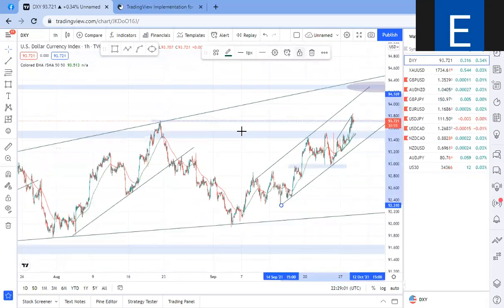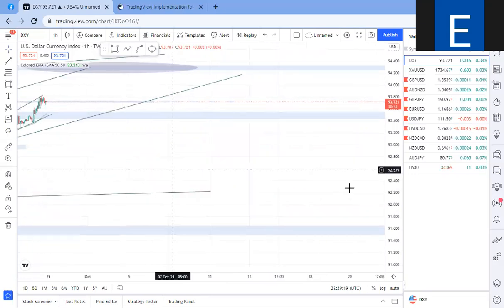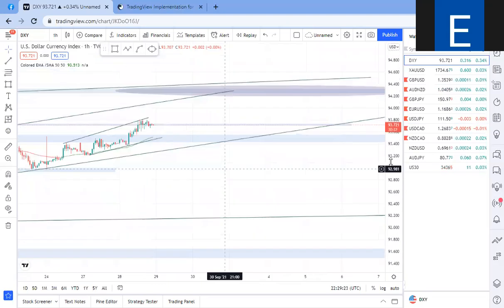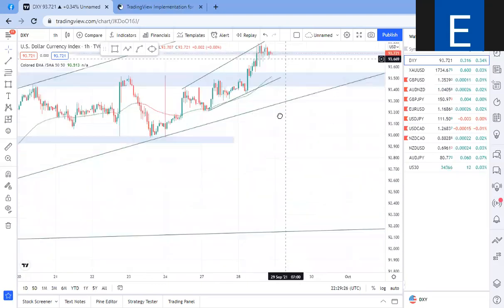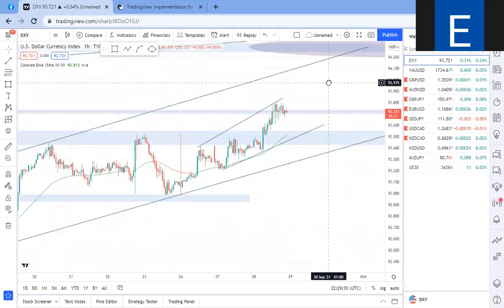This was the previous high, the high point of August. Currently price has gotten to that point and is forming a possible reversal pattern, which is very interesting.